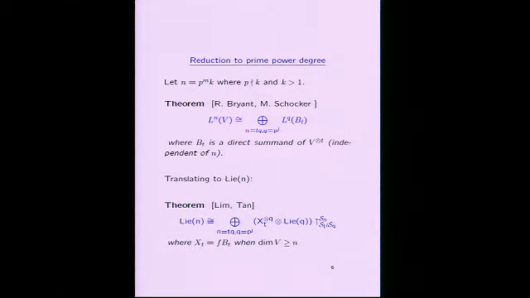And so they have this formula, so they take L^n V and they write it as a direct sum of L^q of B. So q is a power of p, and this B appearing is always a tilting module. And so in some sense you could say, okay, if the degree is not a p-power, then this tells you perhaps all you want, as long as you know what happens for p-powers.